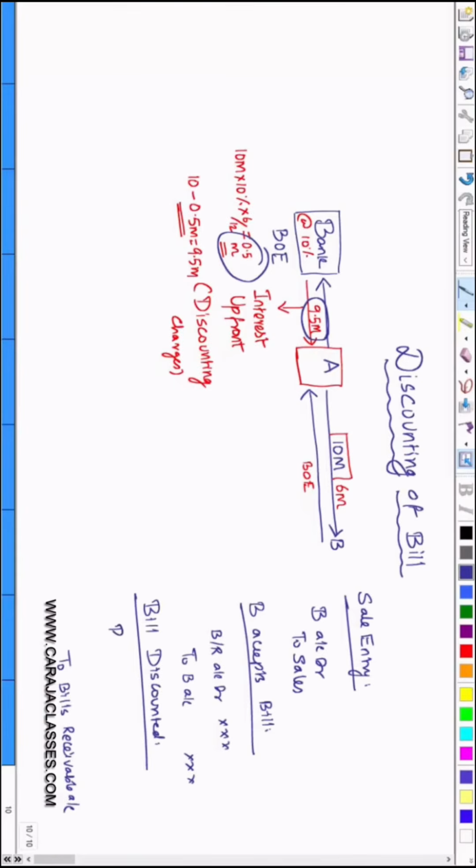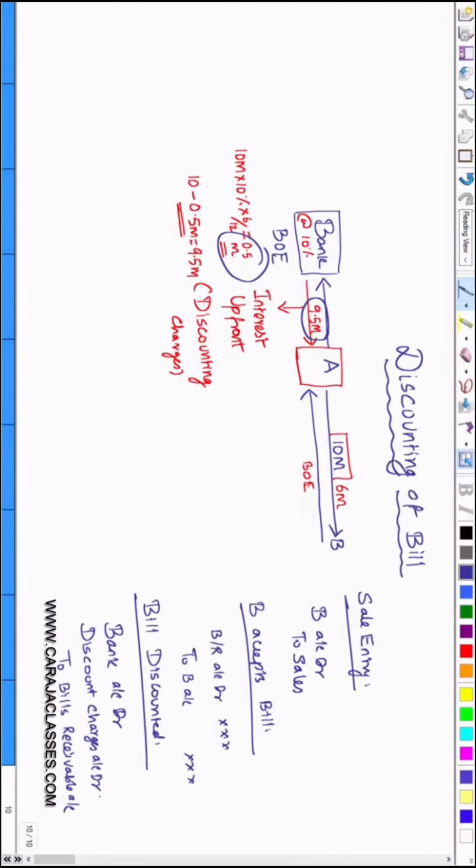So there will be one debit for the amount that is received, bank account debit, and the next debit will be for discount charges. So discount charges account will also be debited, and credit will go to bills receivable.